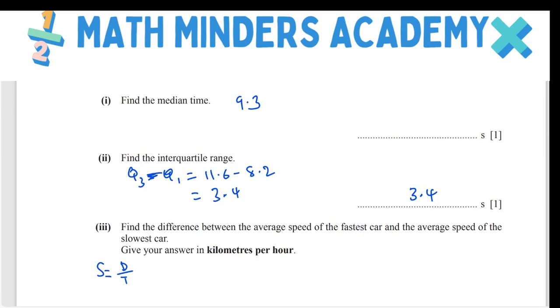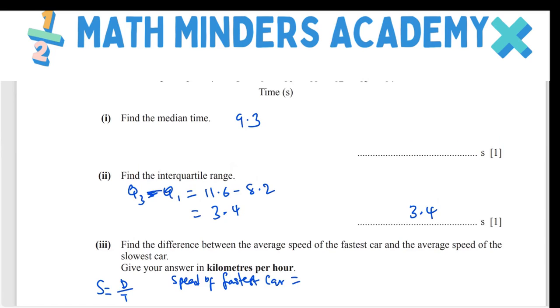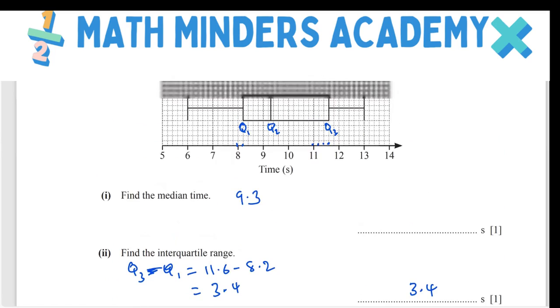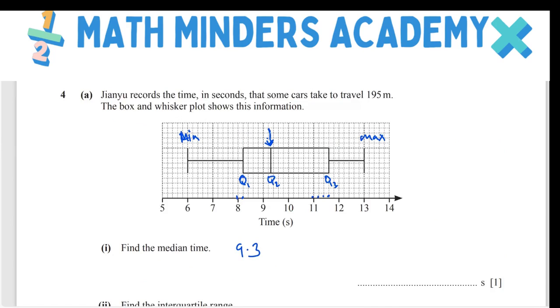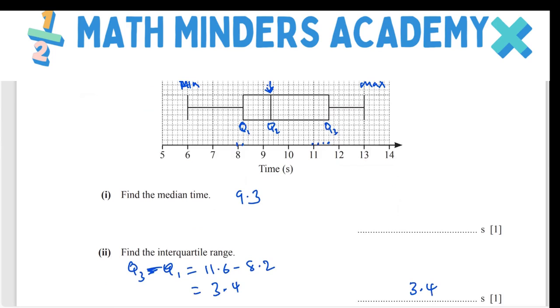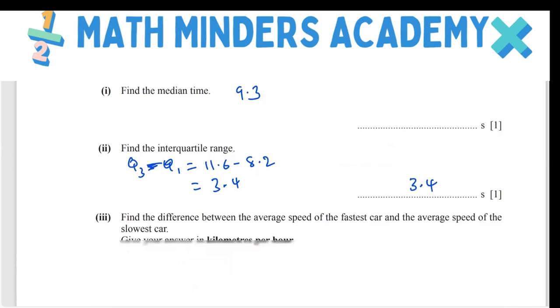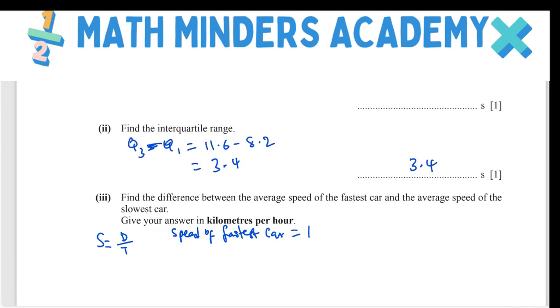So let's get the speed of the fastest car. Speed of fastest car is the distance covered over time. Now, the distance is 195 meters. So we'll put 195.